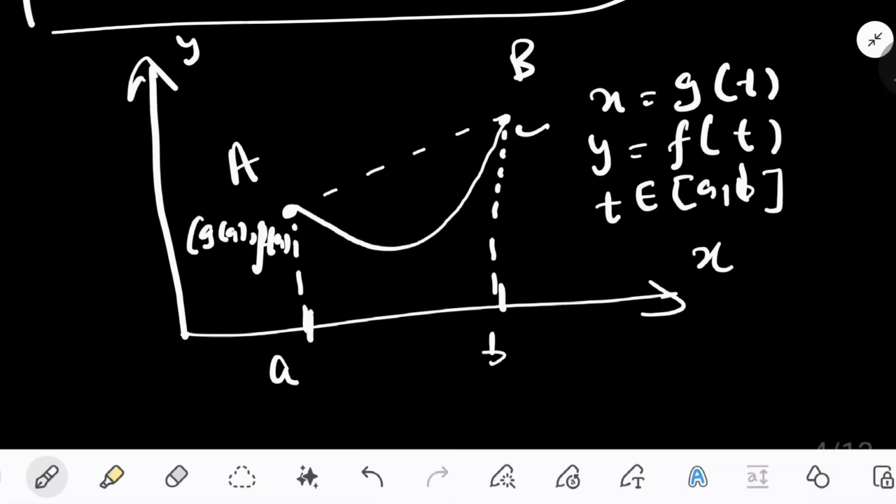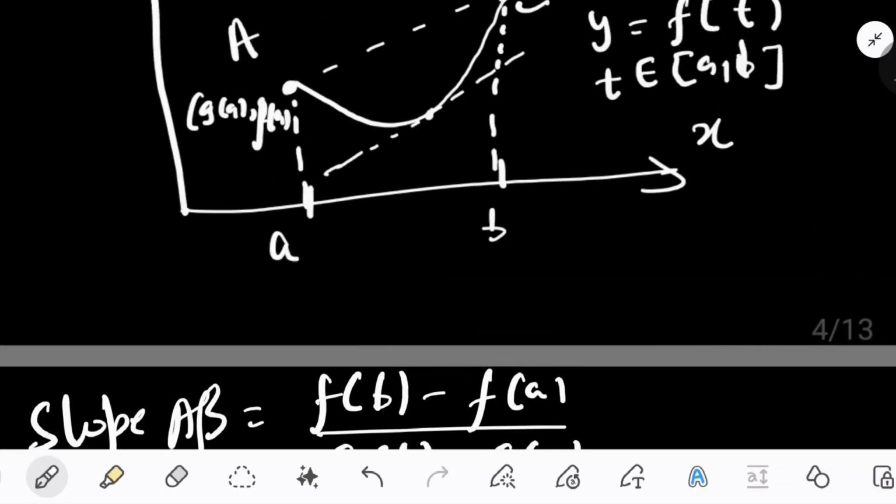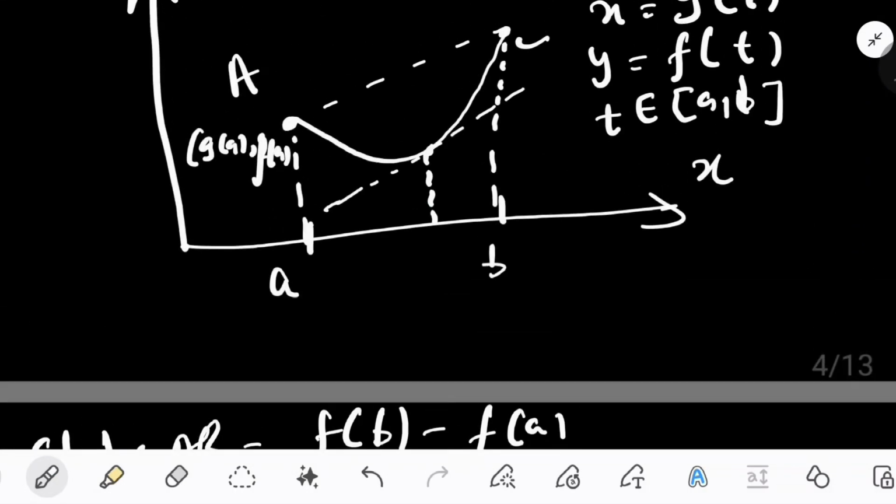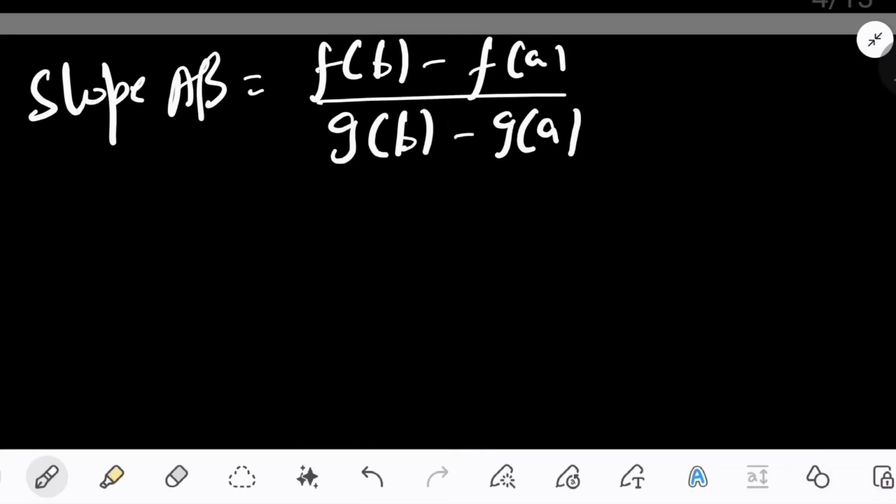So similarly, as you did in the Lagrange mean value theorem, you will find a point on the graph such that the tangent to the graph at that point is parallel to AB, right? So suppose this is the point C, right? Okay. So what is it? You get dy by dx at x is equal to c.